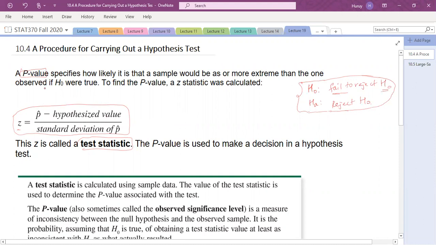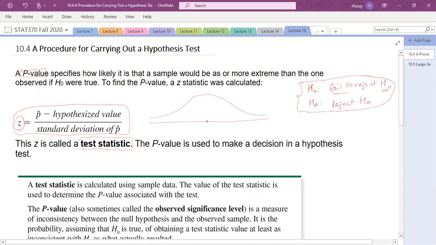And the p-value is a probability value that we calculate using this test statistic. The p-value specifies how likely it is that a sample would be as or more extreme than the one observed if H sub 0, the null hypothesis, were true. For example, now we are considering a normal curve.